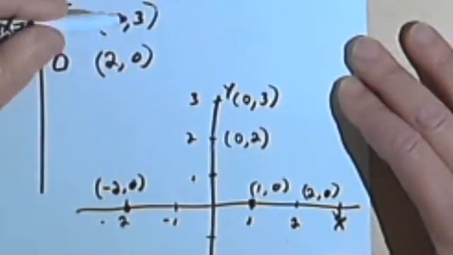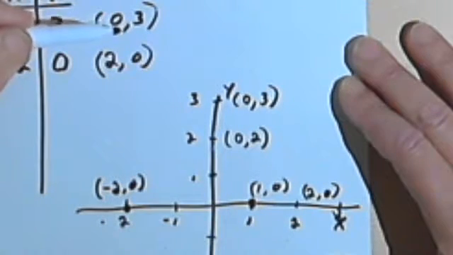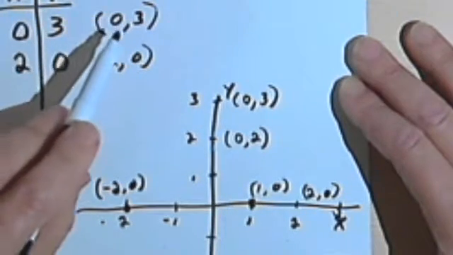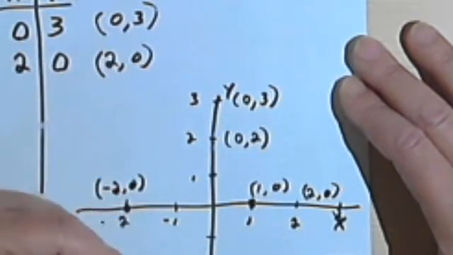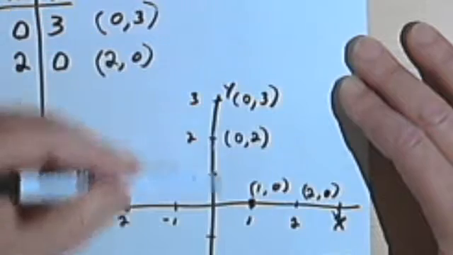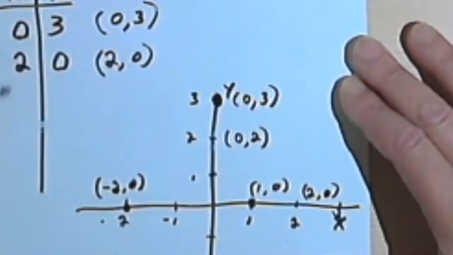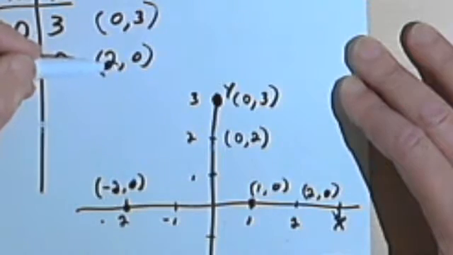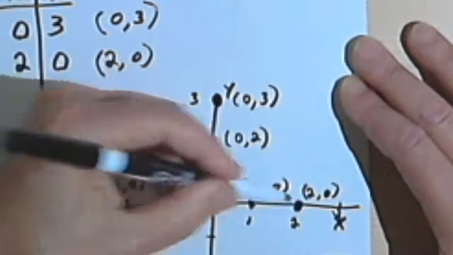So going back to this ordered pair, I can look at it and realize that the first point I'm looking for, this (0, 3), is going to be on the y-axis. And actually it'll be right here. The second point, (2, 0), is going to be on the x-axis.